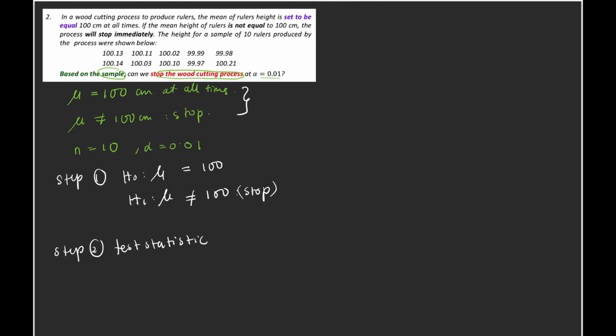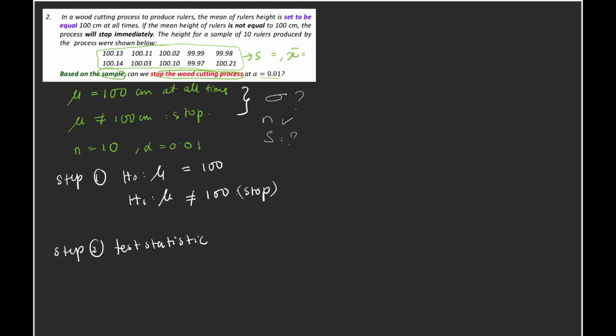Okay, step number 2, that will be your test statistic. So which formula do you want to use? Z test or T test? Do we have the sigma? No, we don't have. Do we have the n? Yes. Do we have the S? Yes, S you can find from this data. Substitute this data into your calculator and come up with the S and the X bar.